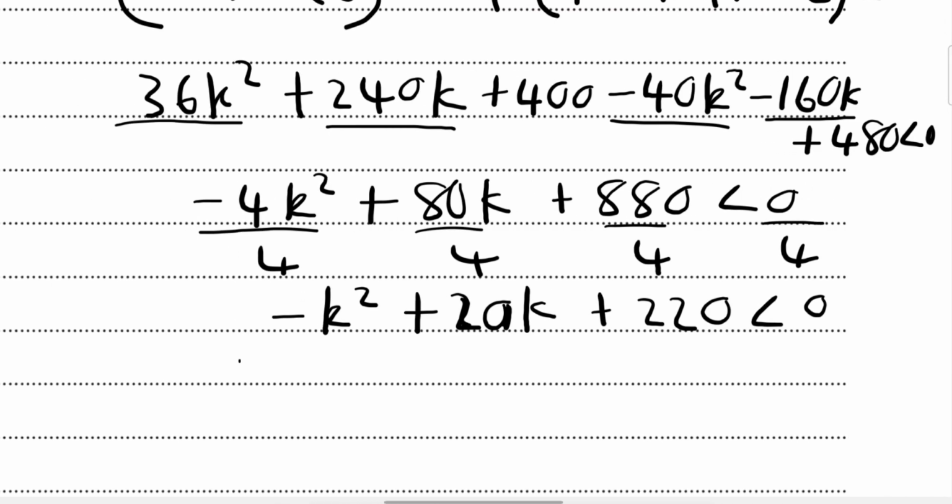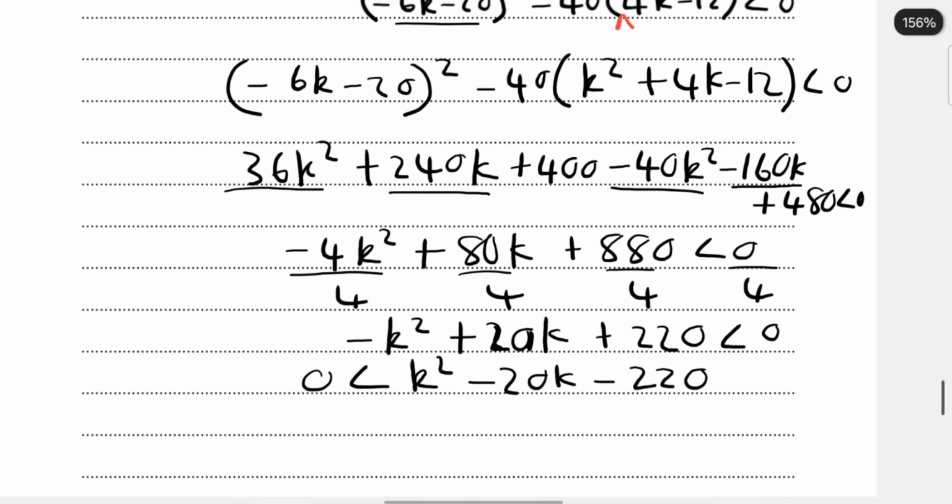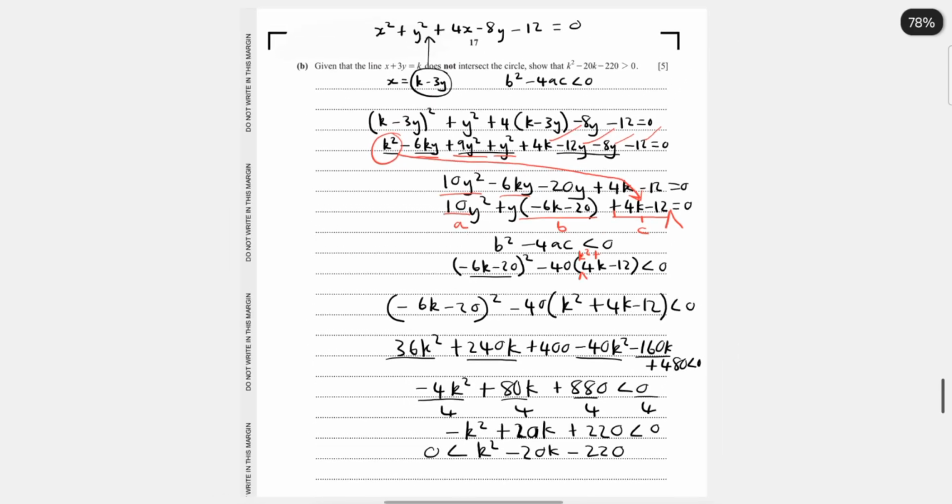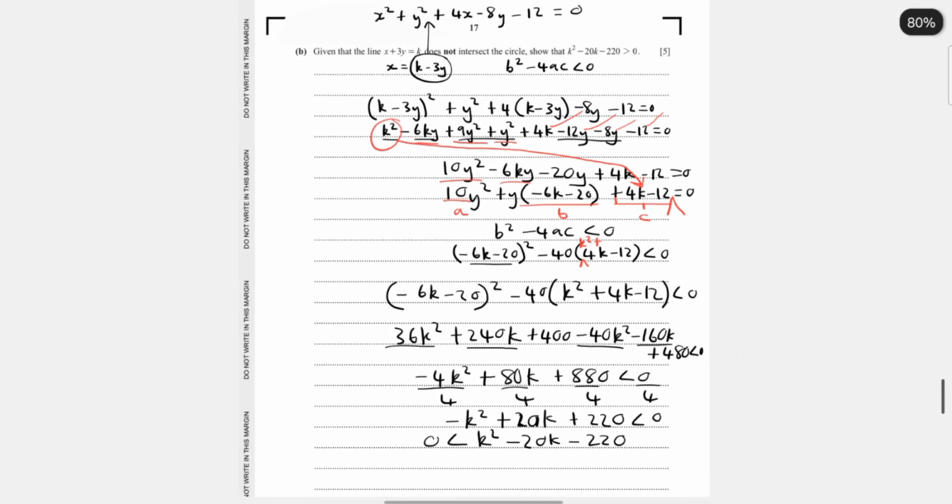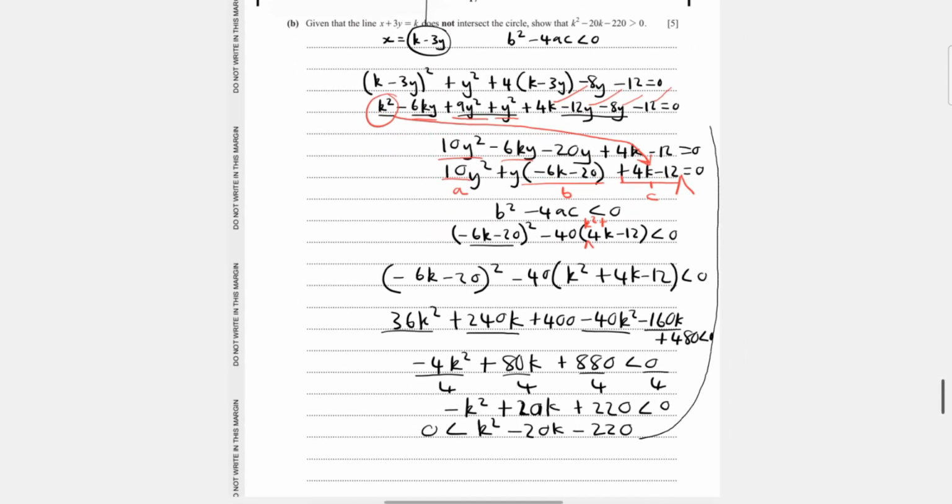So it will be 0 less than k squared minus 20k minus 220. Let's see if we got that right. Yes, this is the same as this. This is saying 0 is less than this. This is saying this is greater than 0. It's one and the same thing.